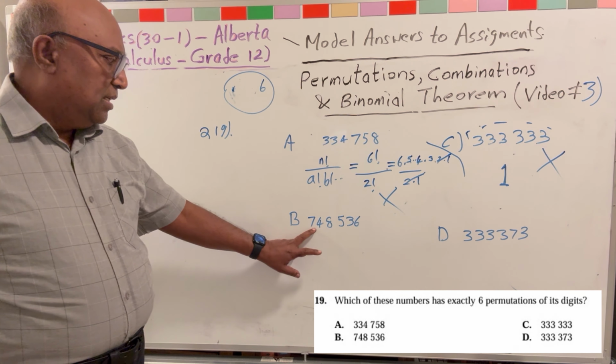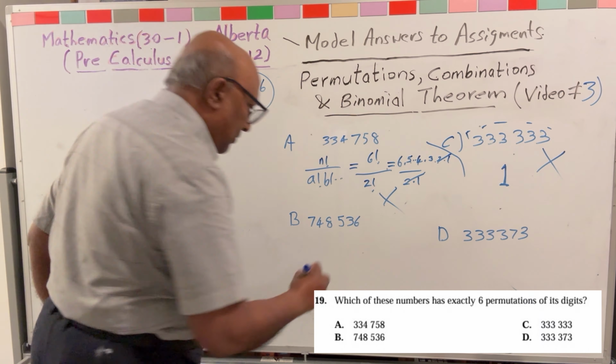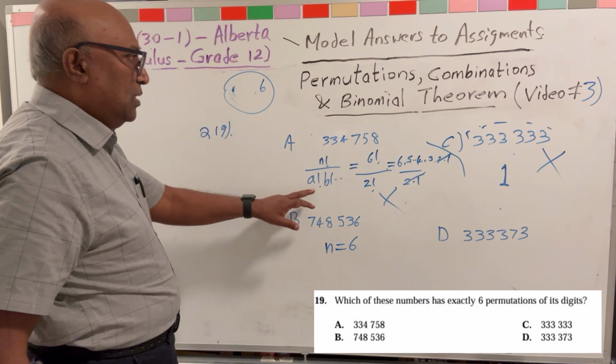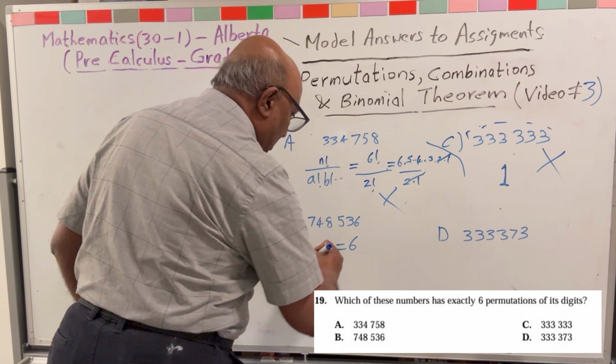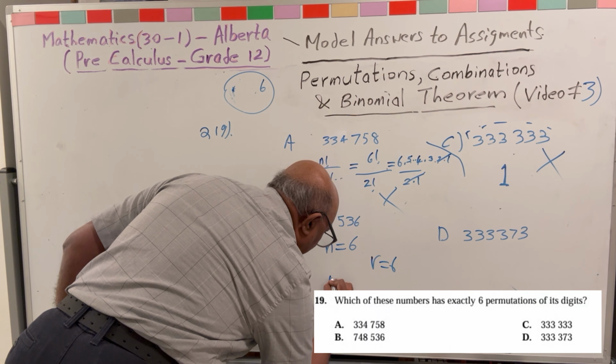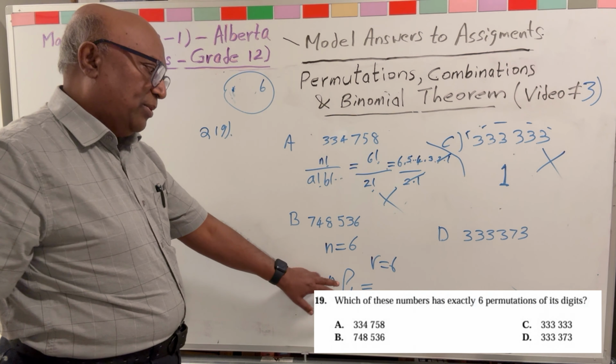What about this? Here all numbers are different. All numbers are different means n is equal to 6 and r is equal to 6, because here we have to apply the formula nPr. When all numbers are different, you have to apply the original formula.